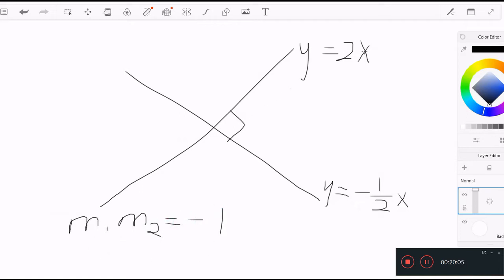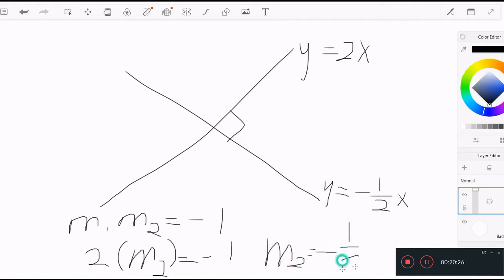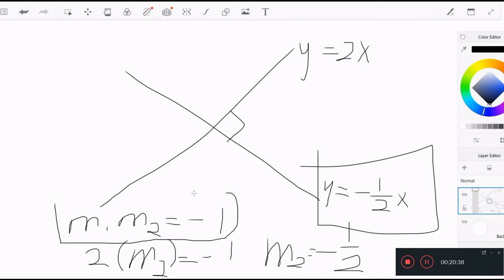The m1 over here is 2, but you have to find m2, the slope of the perpendicular line, which makes the product equal to negative 1. You put the 2 here, so you get m2 equal to negative 1 over 2. So this is how you find the slope of the perpendicular line. This relationship you have to memorize.